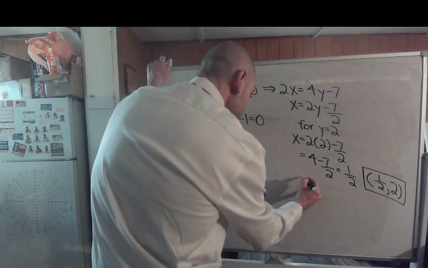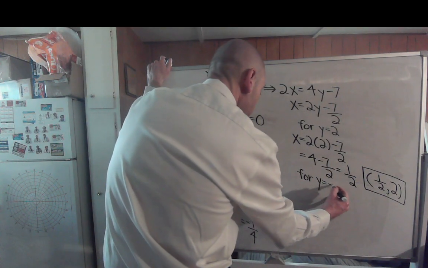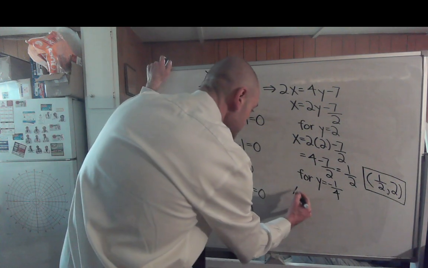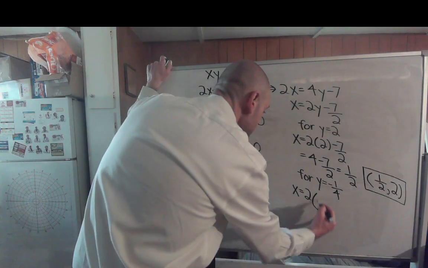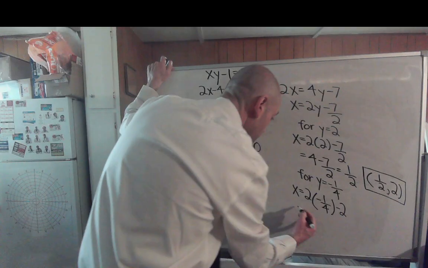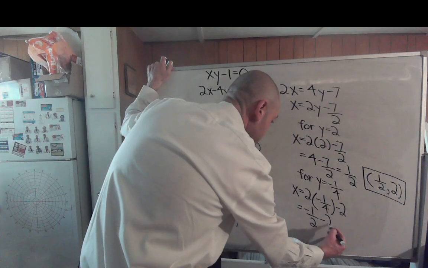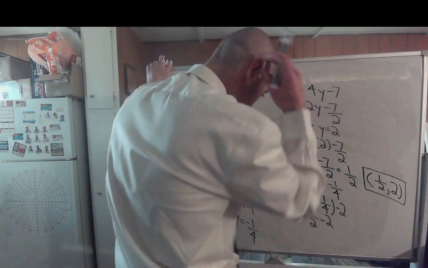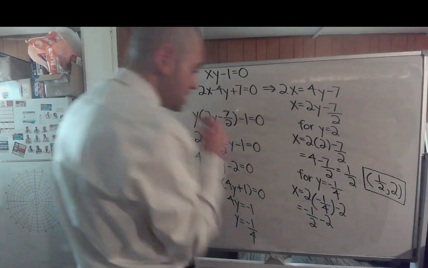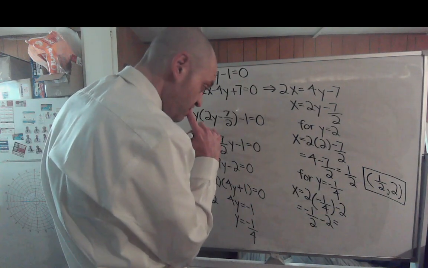And then let's deal with y equals negative 1/4. All right, so x is going to equal 2 times negative 1/4 minus 2, which would be negative 1/2 minus 2, which should end up being, let's see here.